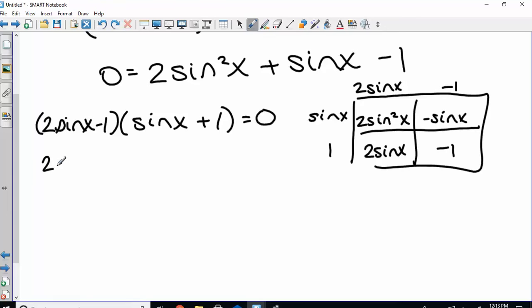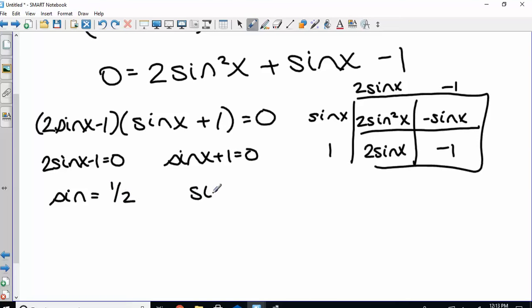So set those equal to 0. So sine is equal to 1/2 or negative 1. It is just sine x, so we don't have double solutions or anything.